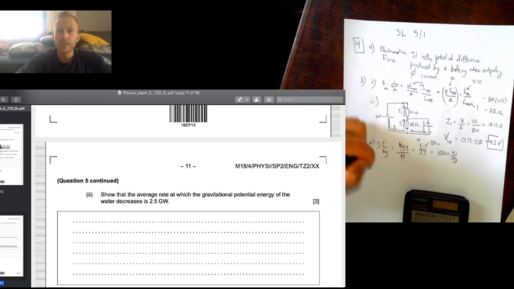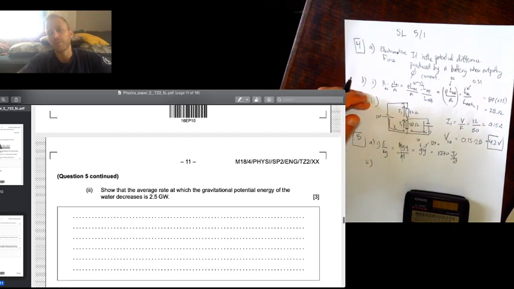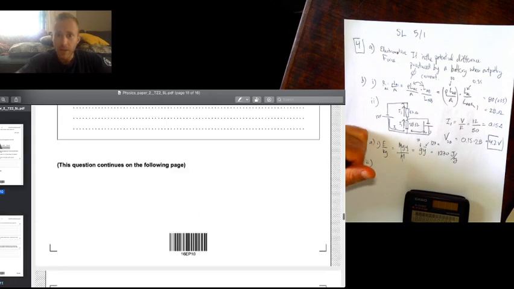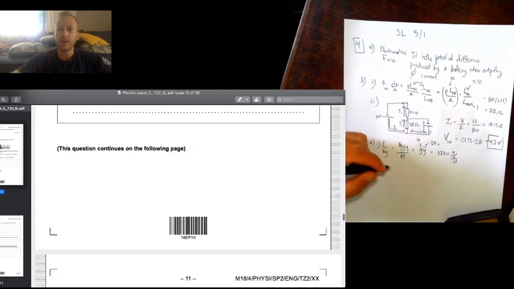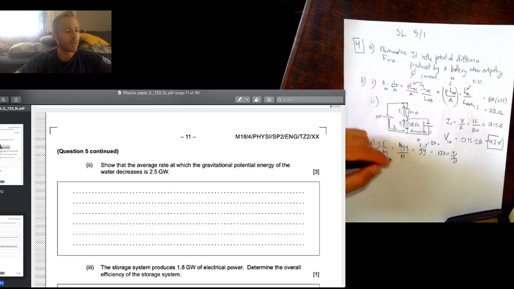Part 2 says show that the average rate at which gravitational potential energy of the water decreases is 2.5 gigawatts. So we're trying to get power, right? Because it's watts. Power is energy per time.